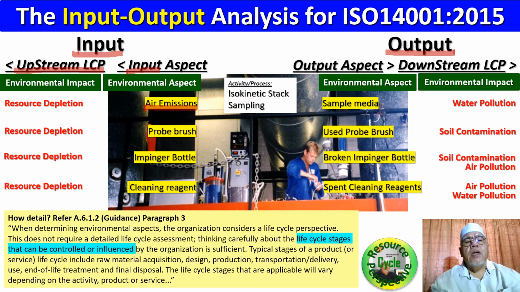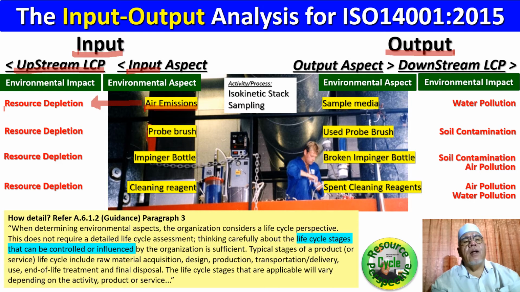Okay, so the more emissions that get out from the stack and into this isokinetic stack sampler, it means the more raw materials are required, and raw materials are taken from natural resources.